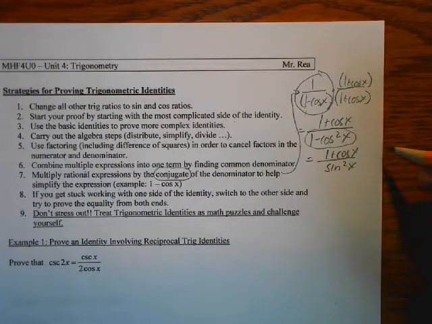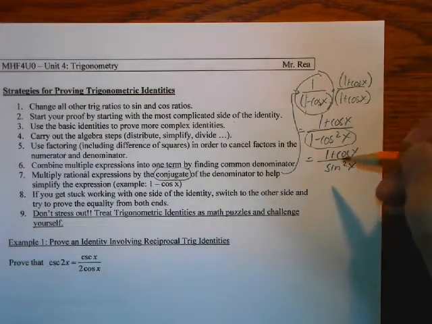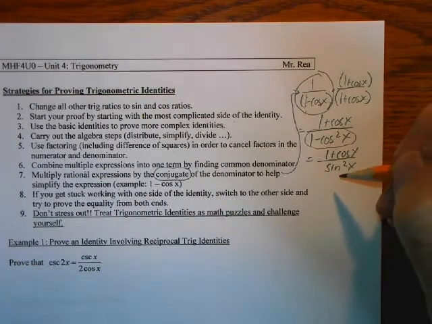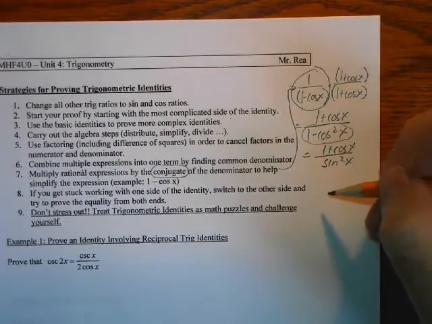As long as you can get the left side equal to the right side, I'm okay with that. Just a word of caution, there's quite a few teachers and professors that don't like that strategy. They feel that you should be able to just work from one side and not work from both. I'm totally fine with working from both and coming up with an intermediate expression that's the same on both sides.